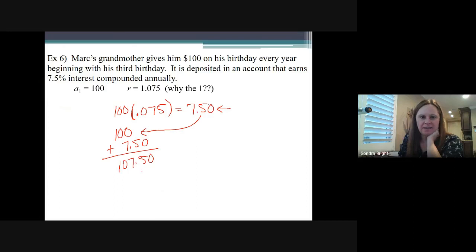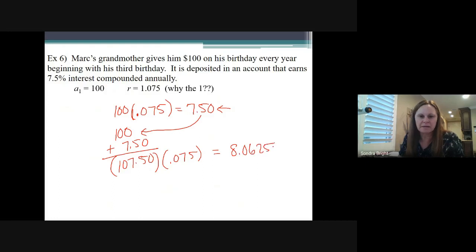And then on the 2nd year, they took this amount and multiplied it times 0.075, right? And they get, oh my goodness, whatever that is. Sometimes when I go off the rail, I don't think forward of what is going to happen. Okay, so this is $8 and 0.0625.